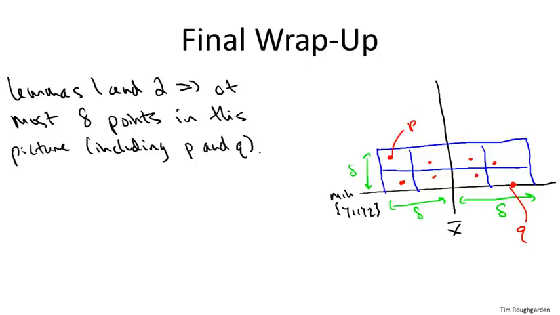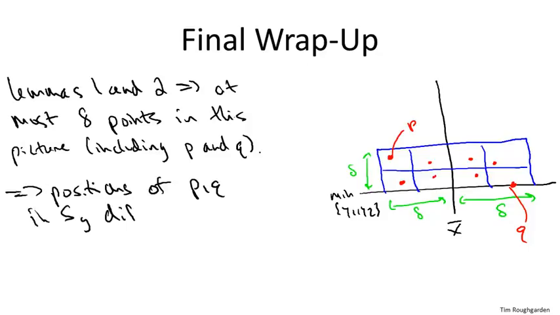Looking 7 positions ahead in the sorted array SY is sufficient to look at every conceivably interesting split pair. So that completes the assertion B of the correctness claim, and we're done. That establishes that this supremely clever divide and conquer algorithm is indeed a correct O of n log n algorithm that computes the closest pair of a set of n points in the plane.